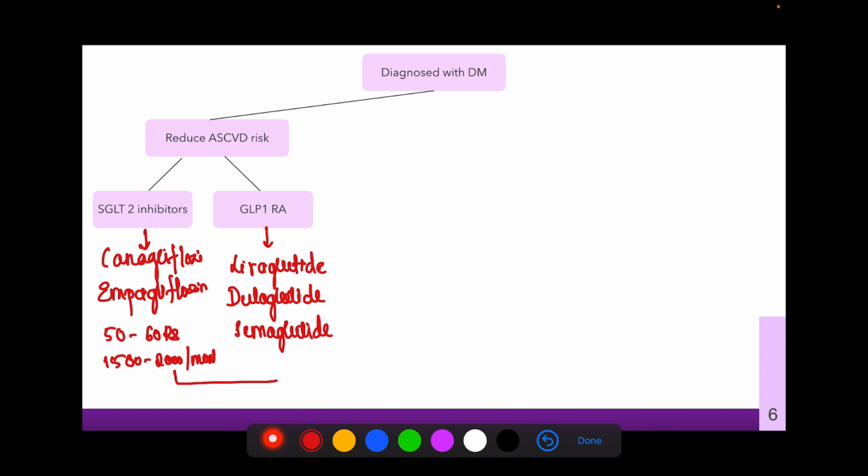Then apart from this, which can actually help in reducing risk, that is thiazolidinediones. Okay, along with managing glucose levels, if you have to reduce the risk of ASCVD in patients, you can use three drugs: SGLT2 inhibitors, then GLP-1 agonists and thiazolidinediones.